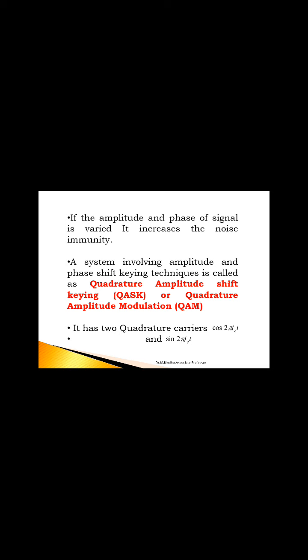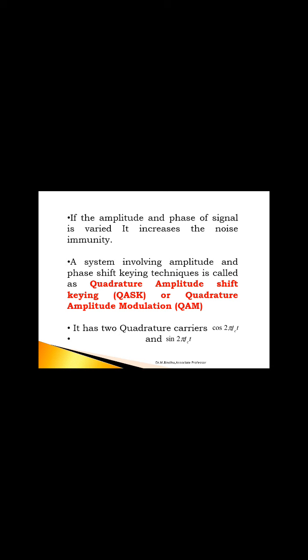That's what has been written over here. The amplitude and phase of the signal are varied. It increases the noise immunity. The system varies amplitude and phase, so we call it quadrature amplitude shift keying, or the other name for this technique, quadrature amplitude modulation.